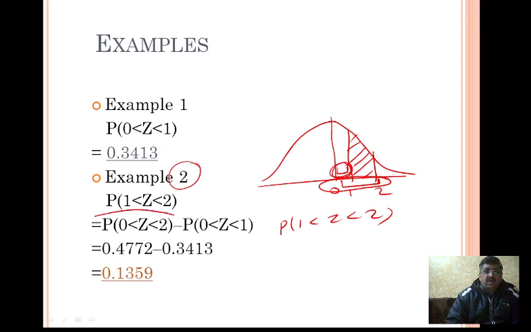The probability of z 0 to 2 is available in the table at 0.4772, and the probability of z 0 to 1 is again given in the table. Why we have to subtract and why we have to add, that clarity will be given by the diagram, right? Unless you trace the diagram, you will not appreciate and understand how these values came.